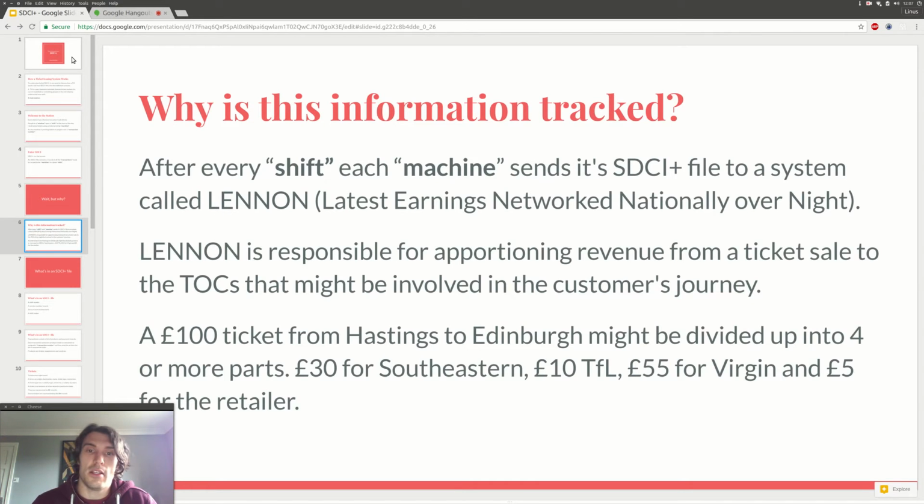Lenin is responsible for apportioning the revenue from ticket sales to the TOCs that might be involved in that customer's journey. If we have a £100 ticket sold from, let's say, Hastings to Edinburgh, it might be divided up into 4 or more parts. One train operating company, let's say Southeastern, might do the Hastings to London part, and they get, let's say, 30 quid.